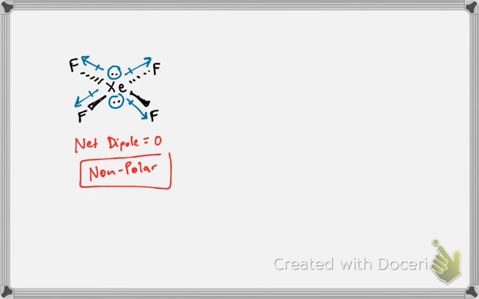All right, let's check out selenium tetrachloride, because we just did that structure. Okay, so let's redraw it here. We've got our seesaw shape here. Okay, let's figure out what our dipoles look like. So we're going to have a dipole pointing upwards because of that chlorine, and then also downwards here.